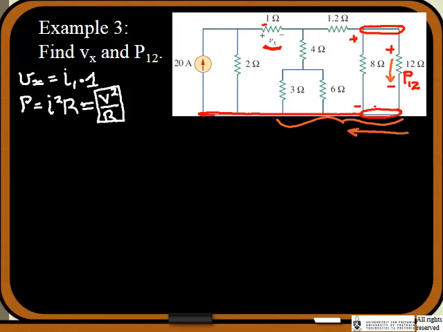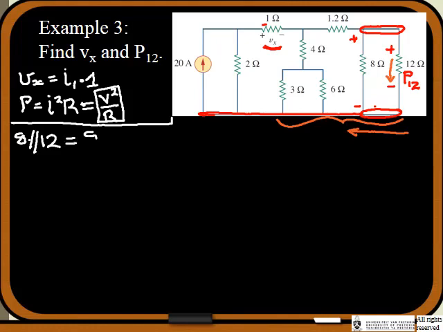So what we have is 8 parallel with 12 ohms, a shorthand way of writing 8 parallel with 12.